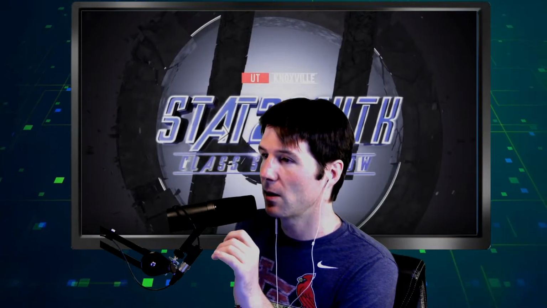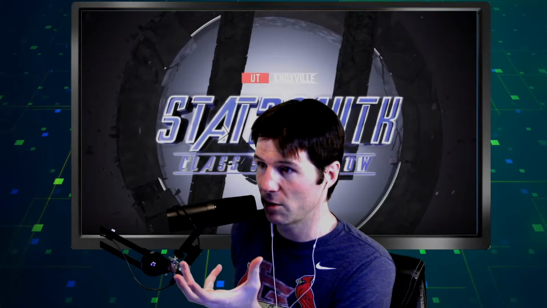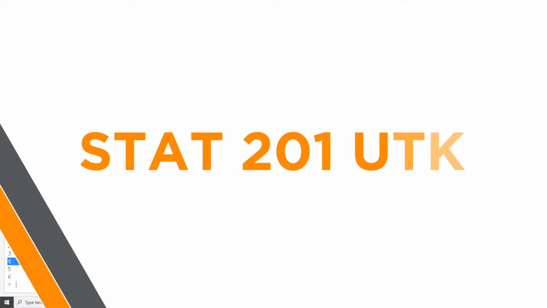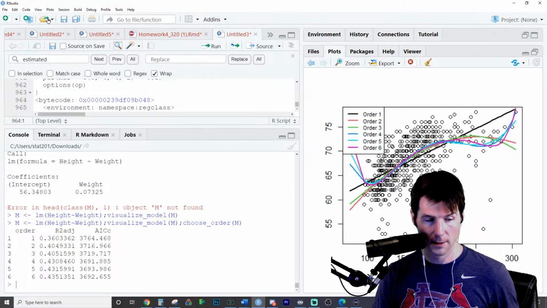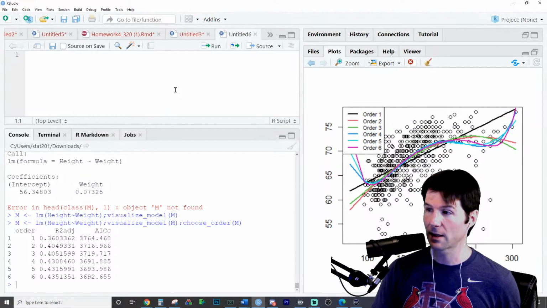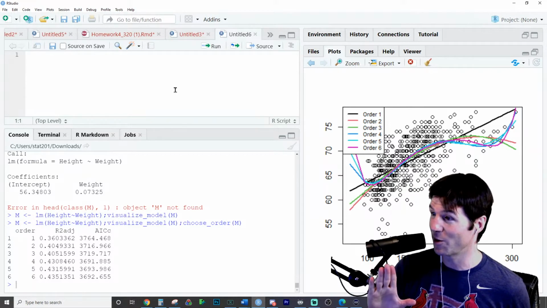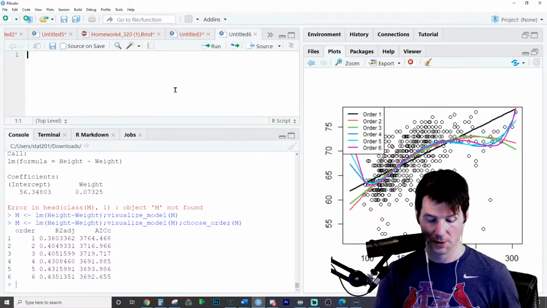It's not like two individuals who differ by 1 unit of x are expected to differ by blank units of y. I'm going to talk about this, because this is actually going to be big for next week. Let's talk about a major thing right here. This is huge for next week for 320. So interpretation is going to be key on the next test. I know this is not this assignment, but this is huge.